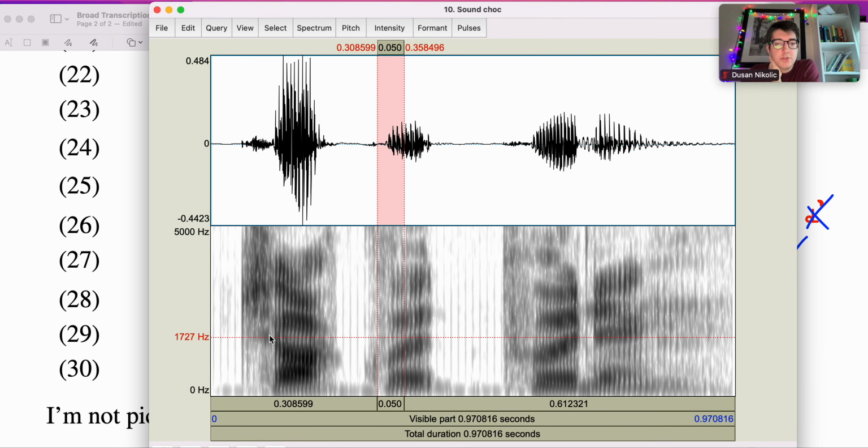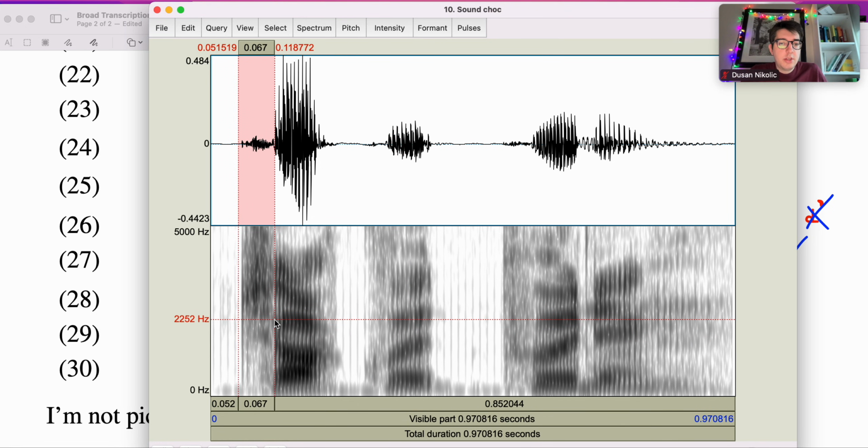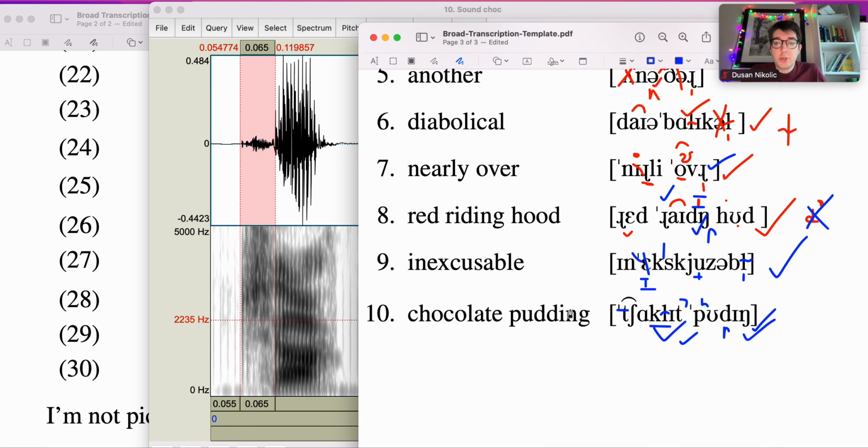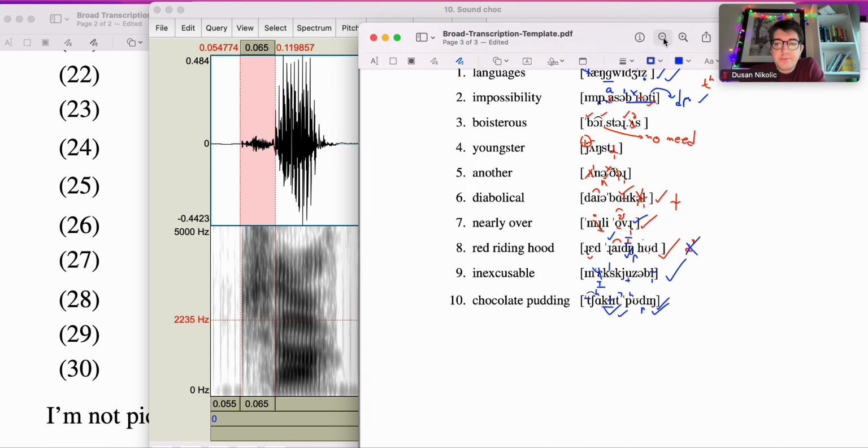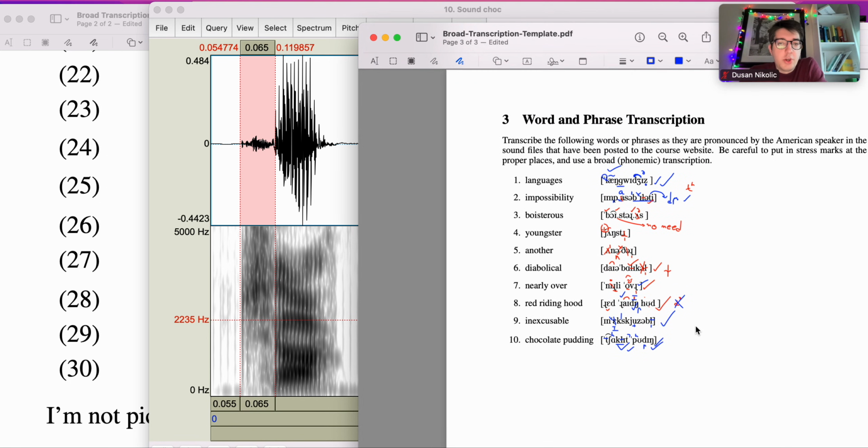Chocolate pudding. The rest is okay. Even here, there is a little bit of aspiration. Absolutely. So I would put aspirated ch here. Chocolate pudding. And that's how I would transcribe it narrowly, right? But for the purposes of this task, excellent job overall.